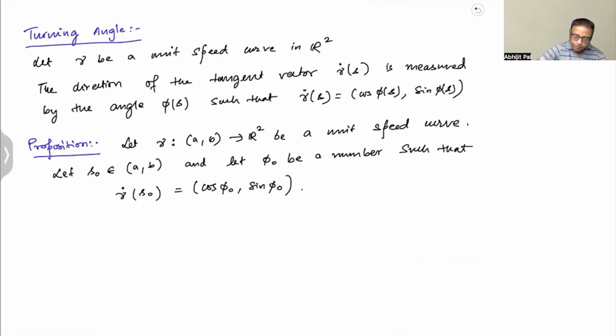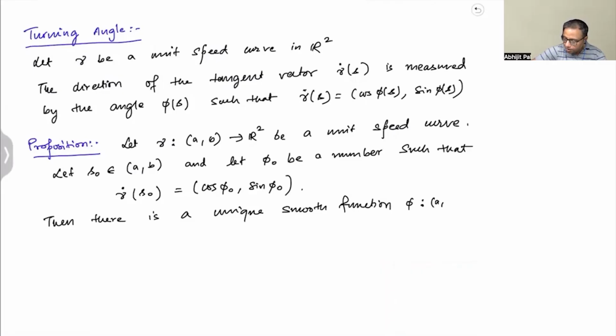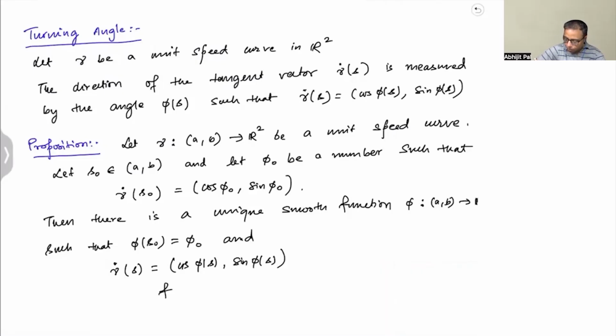Okay, so then the claim is, there exists a unique smooth function phi defined on this interval AB to R such that phi of s naught is equal to phi naught and gamma dot s is equal to cos phi s comma sin phi s for all s in the open interval AB.